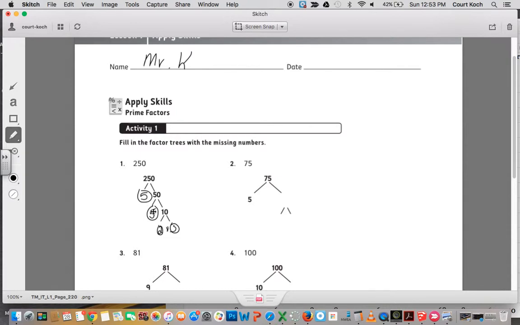So I have 5, 5, 2, 2. And once I've completed all the branches and circled the prime numbers, remember we're only circling prime numbers.